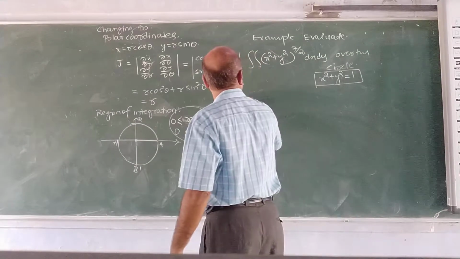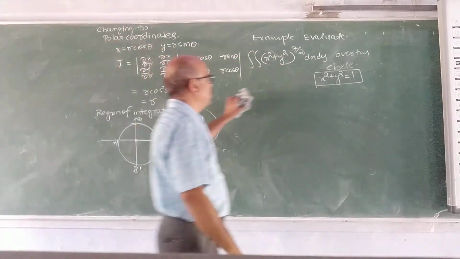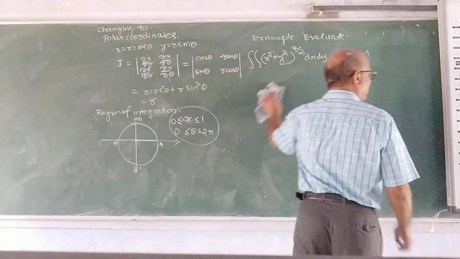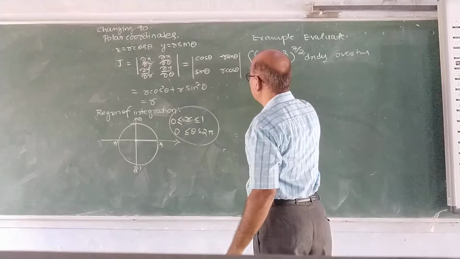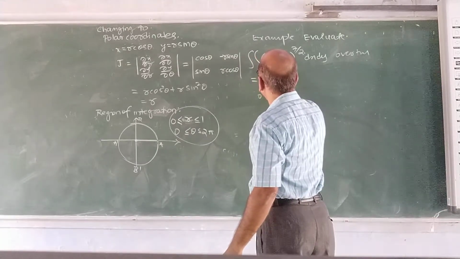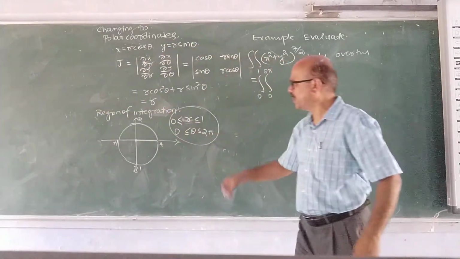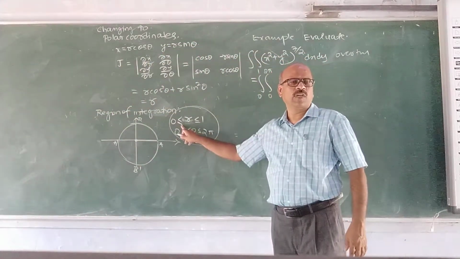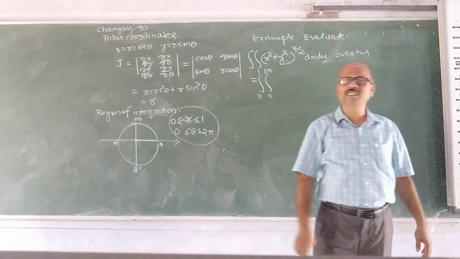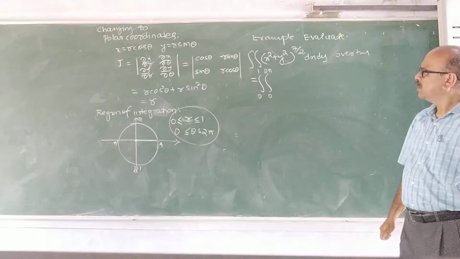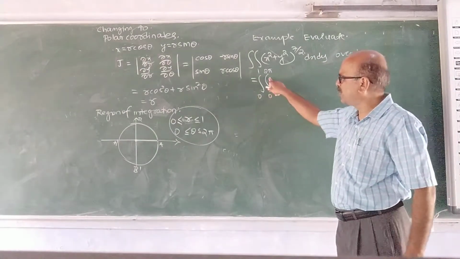Therefore, it is the double integral from 0 to 1, 0 to 2π. What are x and y? You have to substitute. The corresponding region is this, where the limits become 0 to 1 and 0 to 2π.